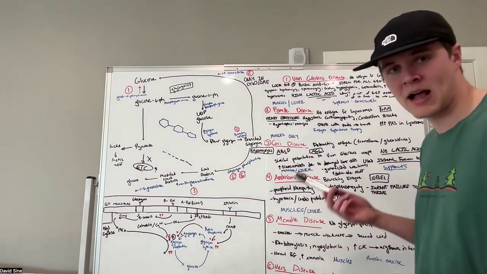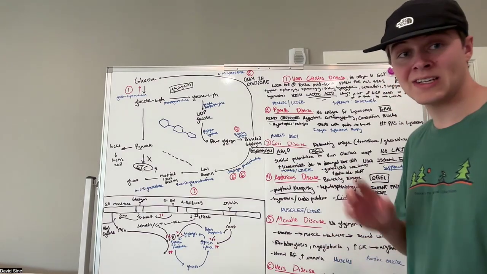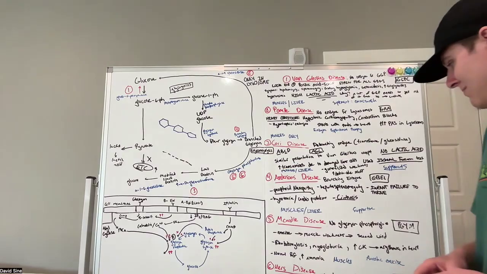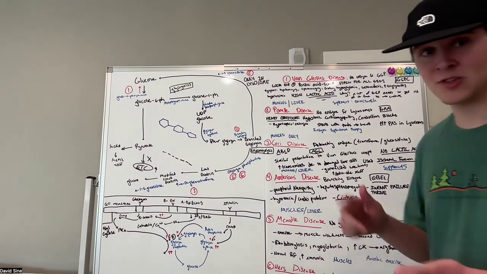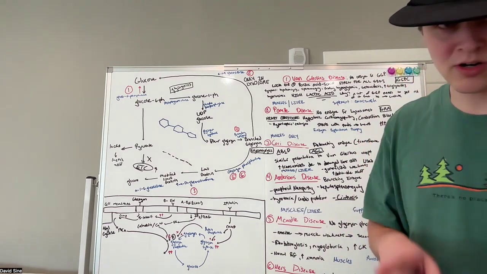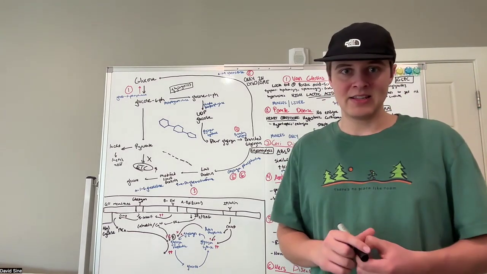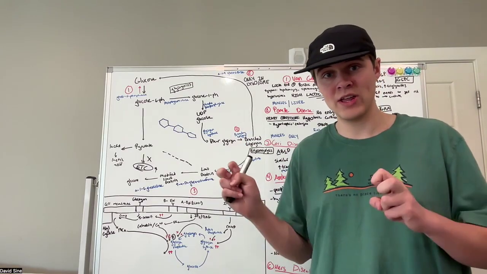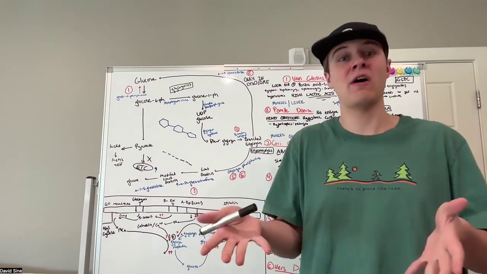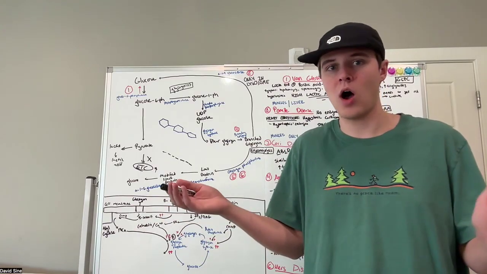So McArdle disease impacts glycogen phosphorylase in the muscles, not the liver. In this case, you're going to have a lot of exercise weakness problems. And the big way to know it's McArdle's disease is that they will get really tired, and then they'll have something called a second wind, and then they'll be fine in like 5 minutes, right? Once they drink some water or something.